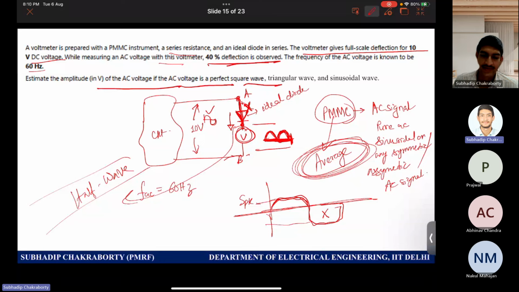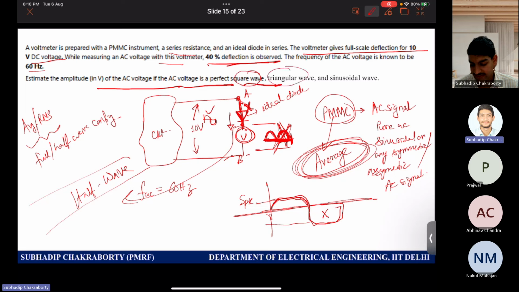Rectified full bridge, you must have heard. So this is not the scenario in this case, but you need to determine how to calculate average and RMS values for full or half wave configurations, because in this problem, you need to do it for square wave, triangular wave, and sinusoidal wave.